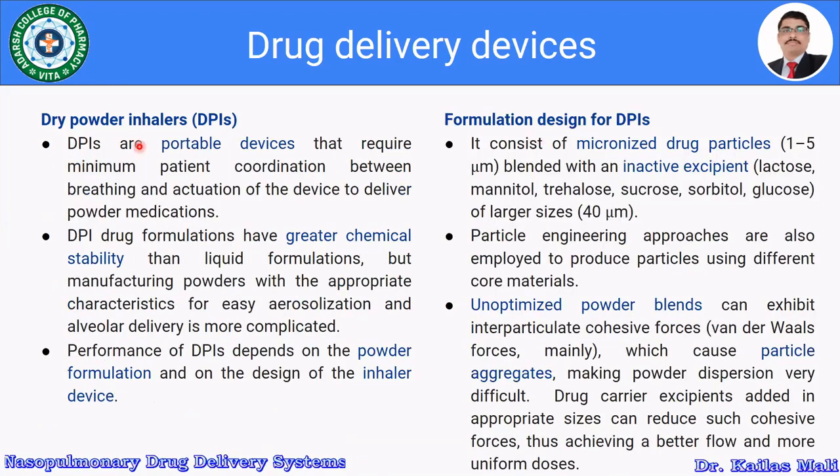Dry powder inhalers are portable devices that require minimum patient coordination between breathing and actuation of the device to deliver the powder medication, as we have already seen on the previous slide.